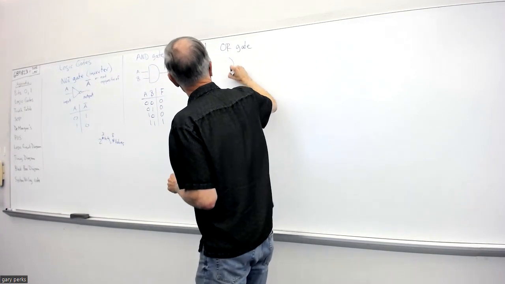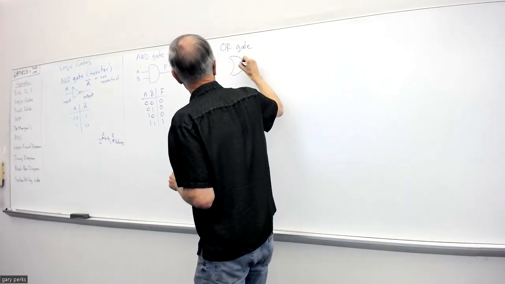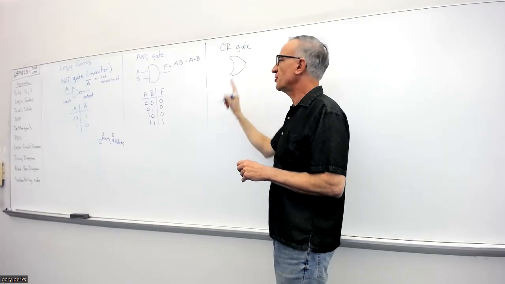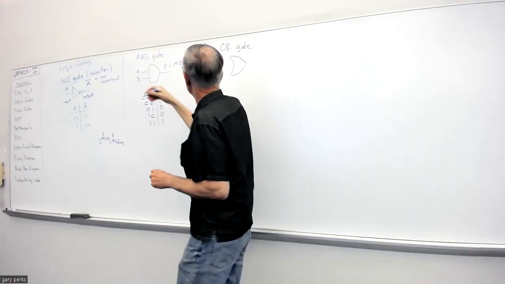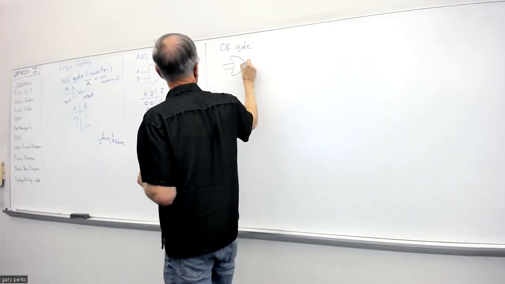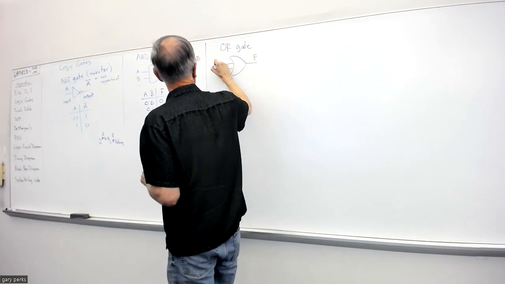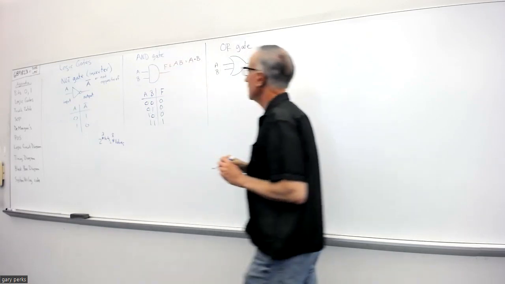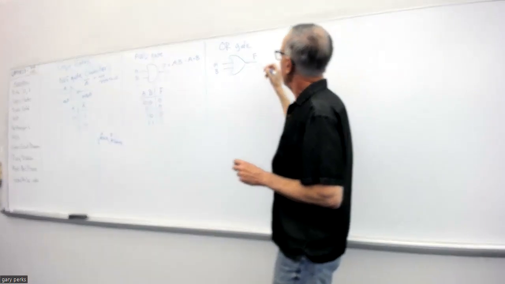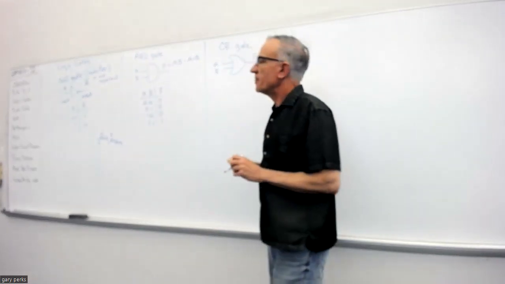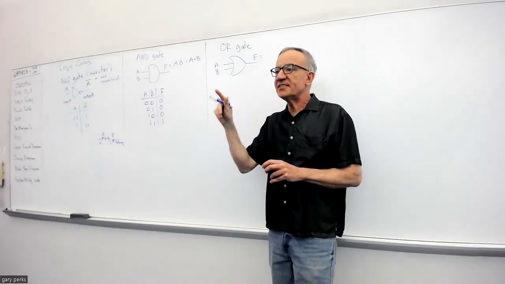And the OR gate has this symbol. As you can see here, curvy, or here it's a vertical line. In Boolean algebra, OR is the plus sign.